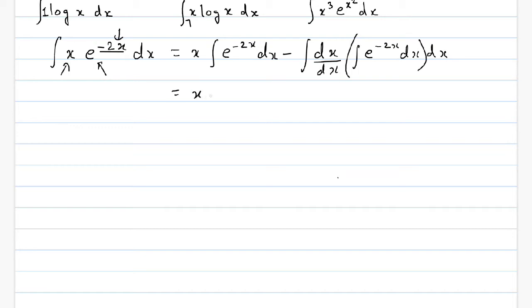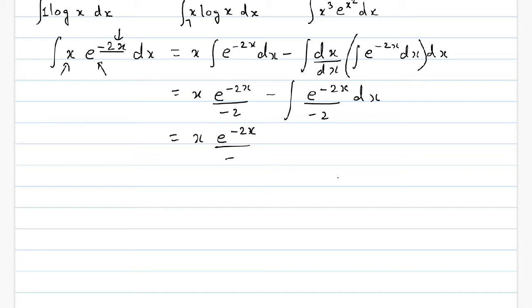So integration of e raised to minus 2x is going to be e raised to minus 2x upon minus 2, minus differentiation became 1, so integration of e raised to minus 2x by minus 2 dx. So minus 2 is constant. Again we will integrate that. So we get x e raised to minus 2x on minus 2 minus e raised to minus 2x upon minus 2 square.